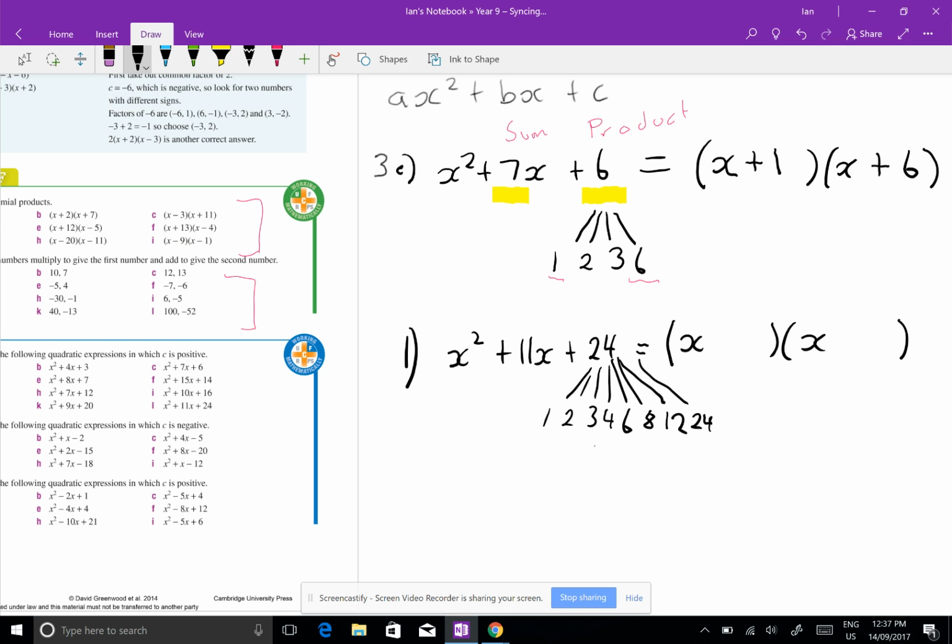Either 1 and 24, 2 and 12, 3 and 8. Beautiful. So plus 3 plus 8. 3 times 8 is 24, and 3 plus 8 is 11. So I've been able to factorise it.